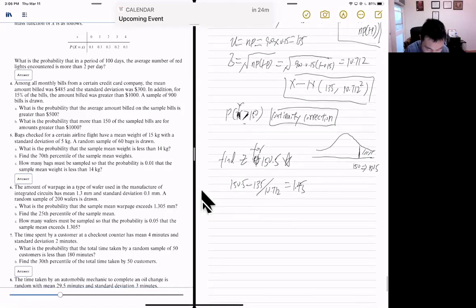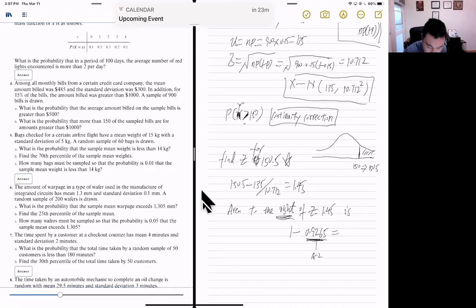Okay, and area to the right of z 1.45 is 1 minus 0.9265, because it's asking to the right, and 0.9265 is from table 8.2, which always tells us the left-hand tail.